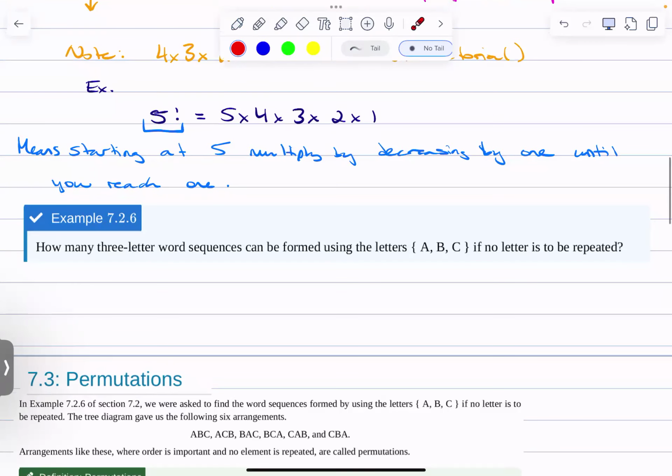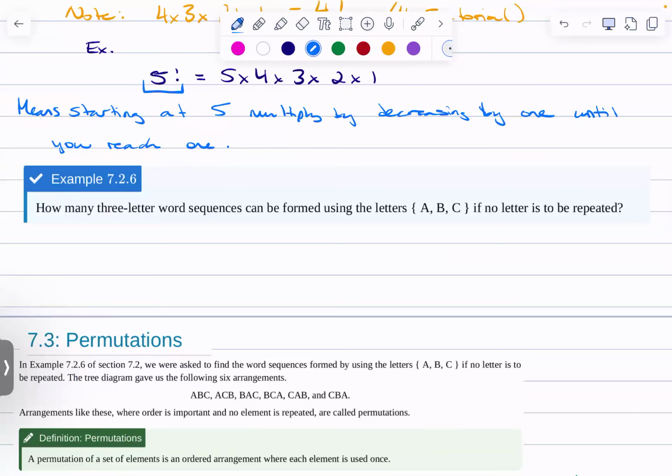So, how many 3-letter word sequences can be formed using the letters A, B, C if no letter is to be repeated? Now, when we say word sequences, they don't have to be words, just combinations of 3 letters. And so here we have just letter 1, 2, and 3.